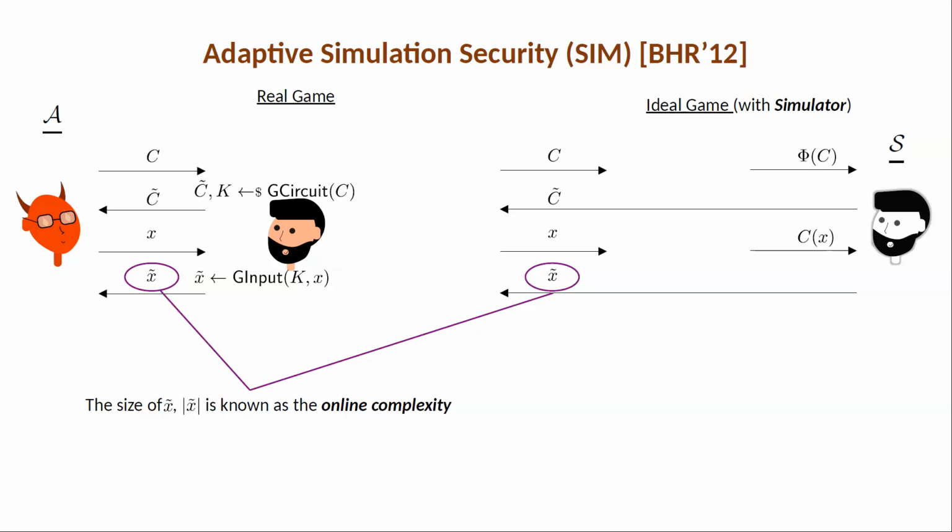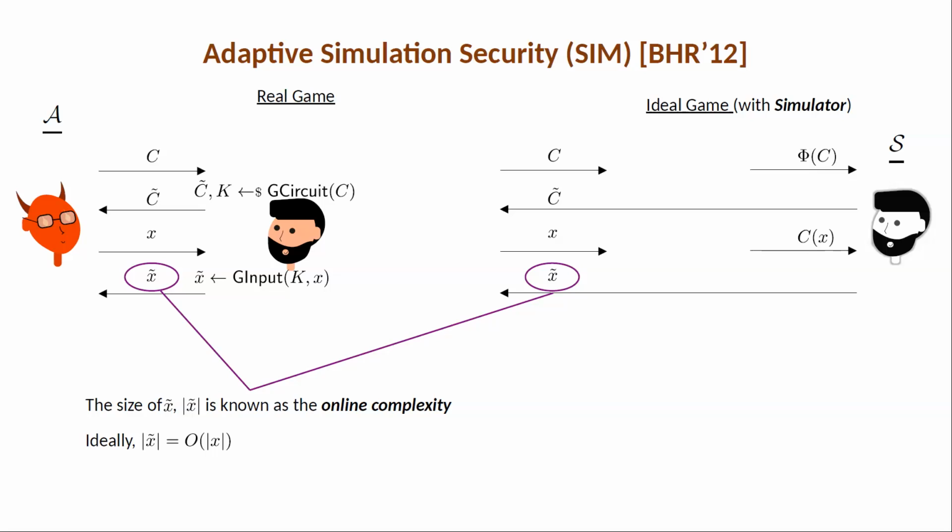Now, the size of the garbled input is called the online complexity. And we want the online complexity to be short. What does that mean? We mean that it should grow in the size of the input, and not anything else.